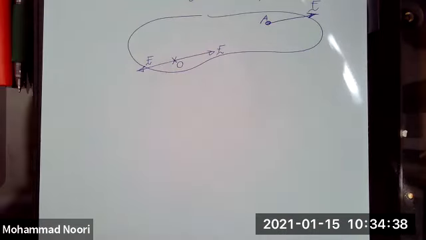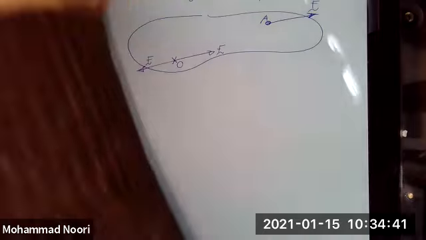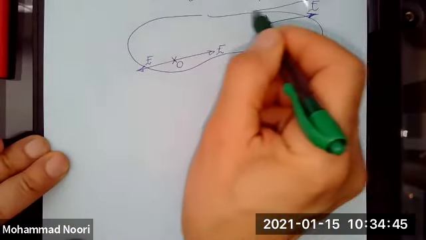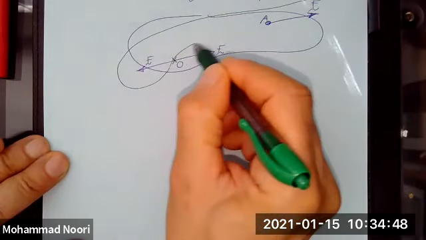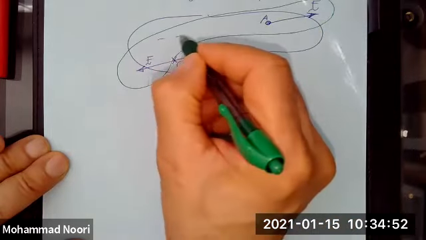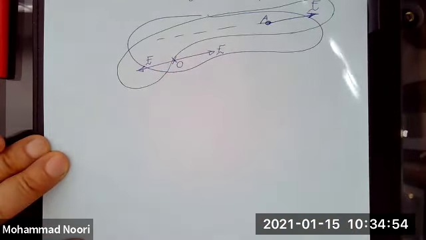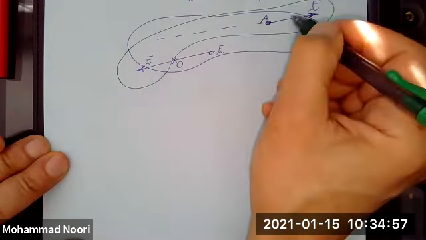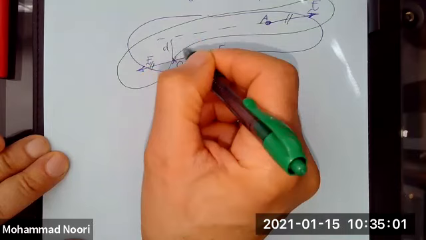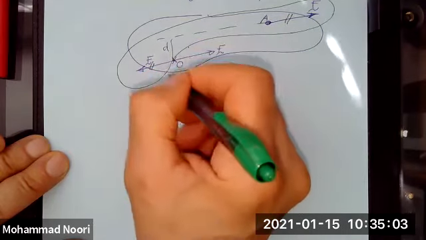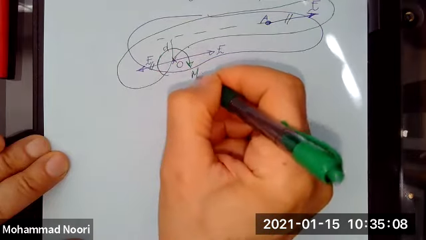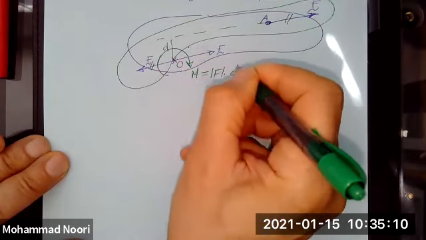However, let's look at what I have done differently. If you look at this force and this force, they form a couple. So you can replace these two with the moment that they represent, and this is F times d.